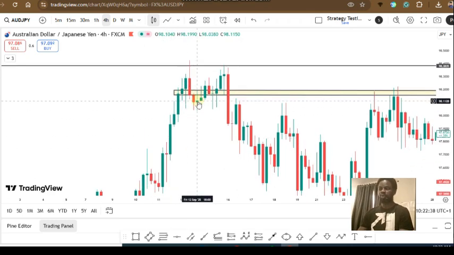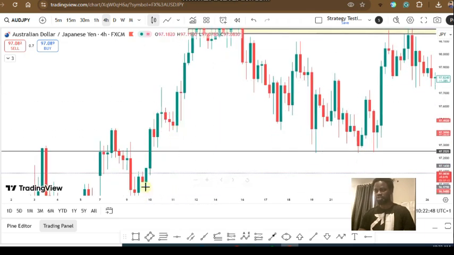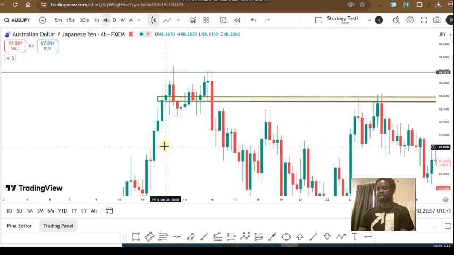But I was not comfortable enough to take this trade because if I'm to enter here, my stop loss needs to come above here. So with this kind of setup, and you can see that the buyers are very strong, even getting to this point. So I was like, I need to wait and observe.